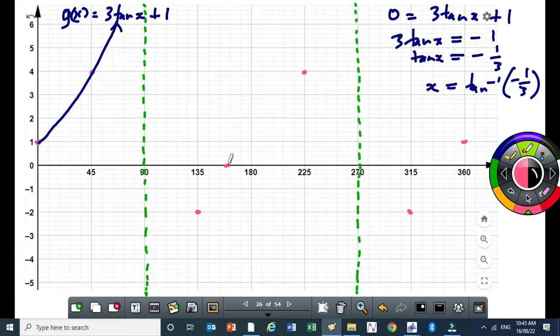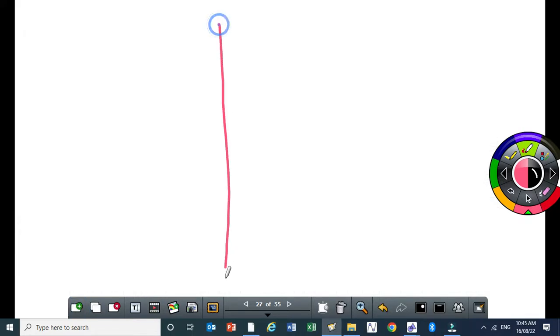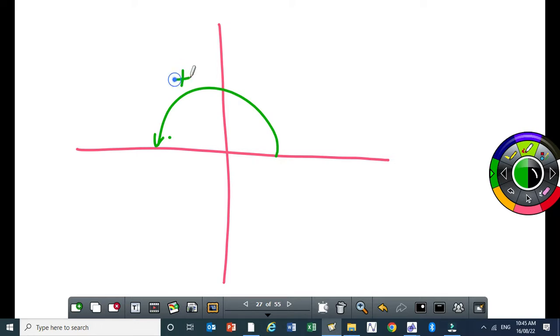So if I draw my Cartesian plane like this, minus 18 degrees is not in the first quadrant. It's going to be in the fourth quadrant. So when we go in that direction, the angles are positive. This is anti-clockwise, and we measure them from the x-axis.